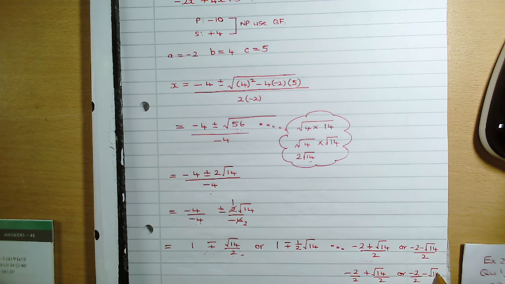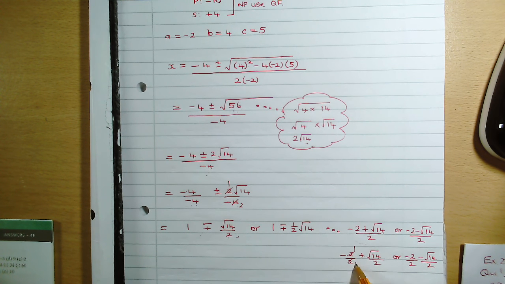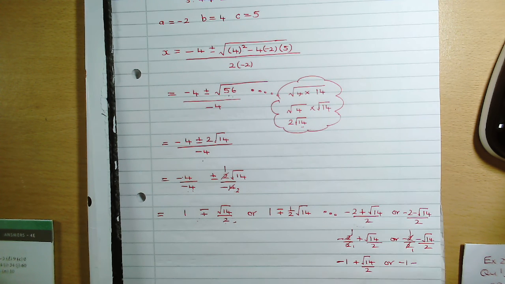And again, if you cancel the 2s here, we've got minus 1 plus root 14 over 2, or again the 2s cancel here, and we're going to end up with minus 1 minus root 14 over 2.